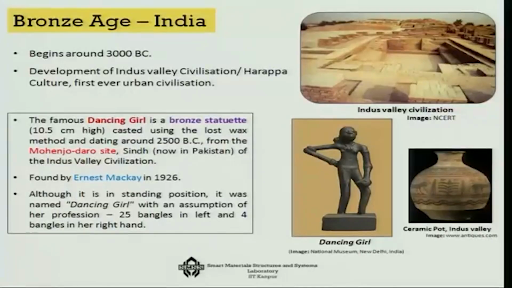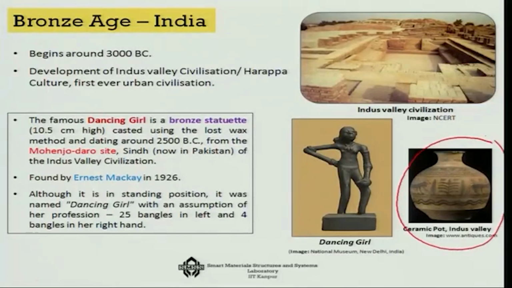So, the Bronze Age is widely found in Indian civilization, and particularly in the context of the Indus Valley civilization and Harappa civilization. Now, I would say it is not only the bronze, but also certain things like ceramics. Later on I will tell you that ceramics also came into existence side by side.